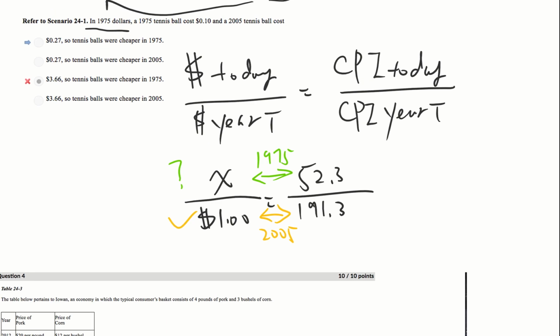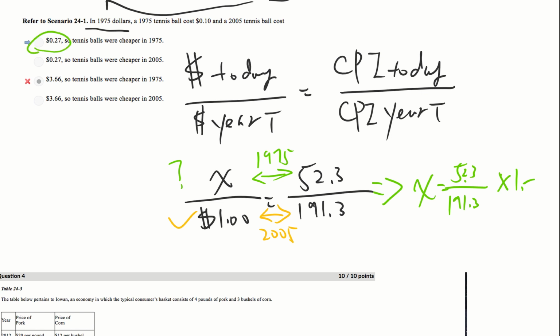Okay, so if you solve for it, cross multiply. So X equals 52.3 over 191.3 times $1. So 52.3 over 191.3, that's a 27.34.